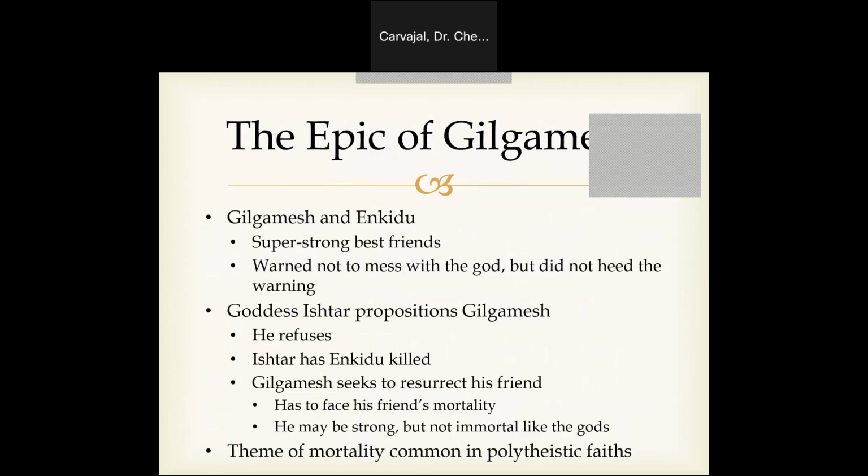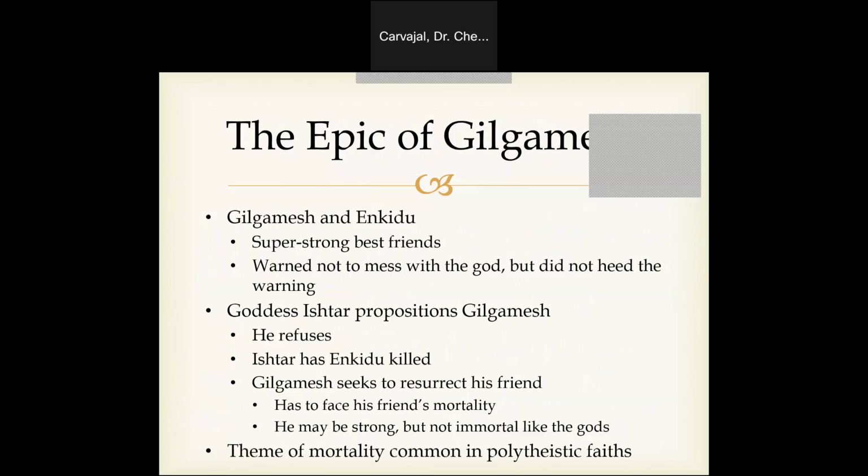They all died. And most of it was because of you. And so, no, I'm not taking that risk. He refuses her. Well, she gets angry. And what does she do? She kills his best friend, Enkidu. And for the rest of the epic, he is trying to find a way to get immortality. And he never finds it, but he gets a lot of perspective.